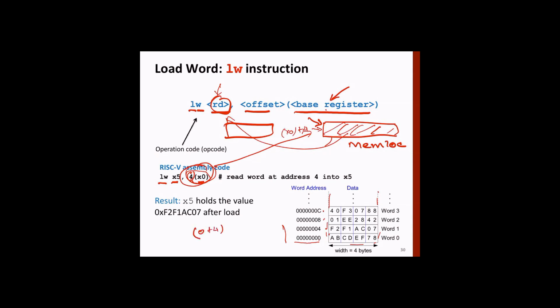So 4 is the memory location, and we bring whatever is stored there in the word, because it's word reading, into register x5. So x5 will now contain whatever is here because the word is starting from 0, 0, 0, 4. So x5 now holds F2, F1, A, C07, whatever is here.